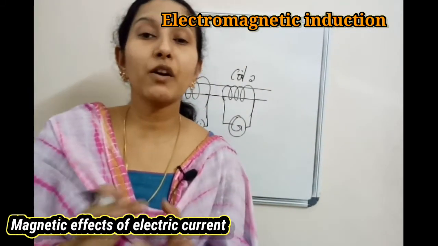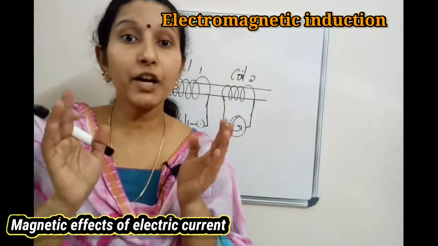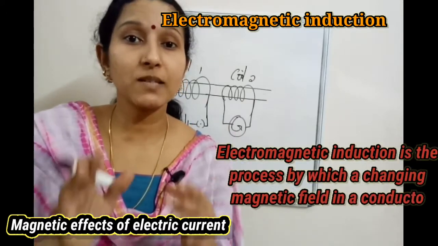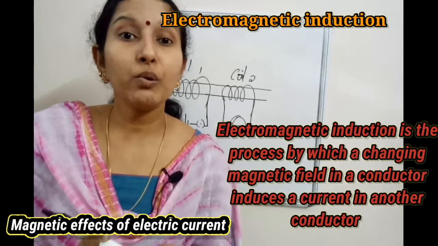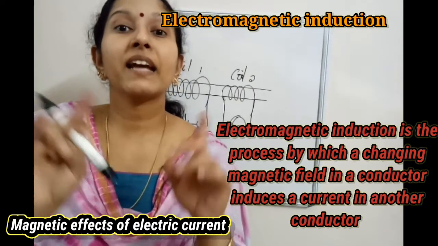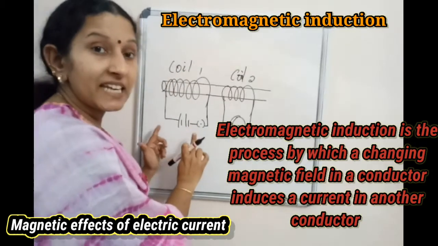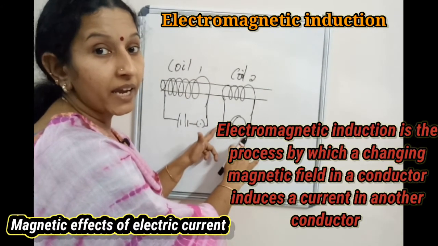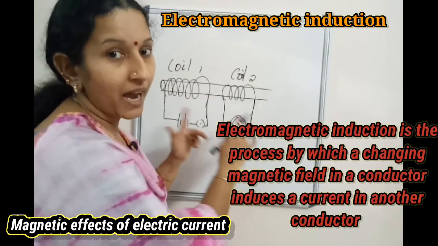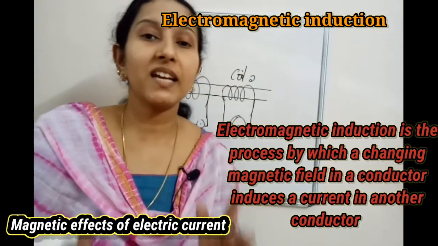So how do we define electromagnetic induction? Electromagnetic induction is the process by which a changing magnetic field induces a current in another conductor. That process is known as electromagnetic induction.